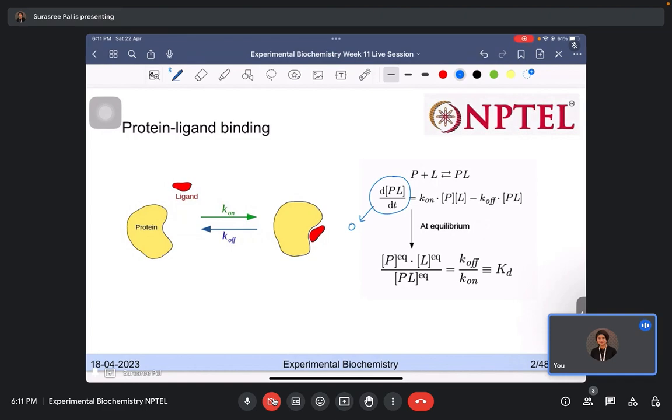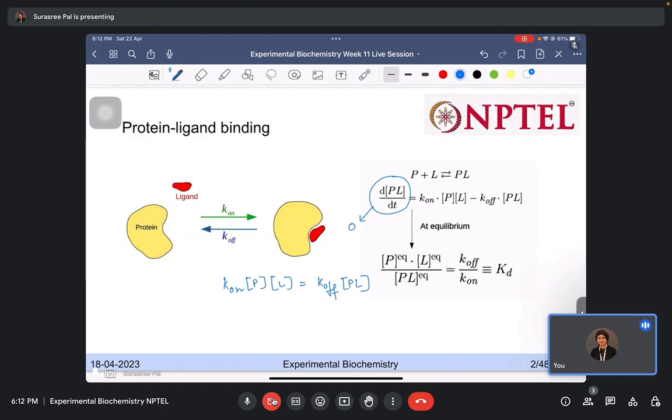There is no change in the protein-ligand concentration when the association and the dissociation rates become the same. Okay, so then what happens? Then we can write K on into P into L equals K off into PL, right?